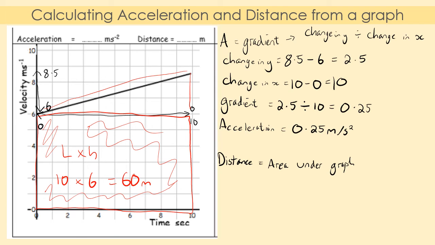I then need to do my triangle as well. In case you've forgotten, the area of a triangle is half, or 0.5, times the base times the height. So I'm going to have half times my base, which is 0 to 10, so 10, times my height of 6 to 8.5, which is 2.5.